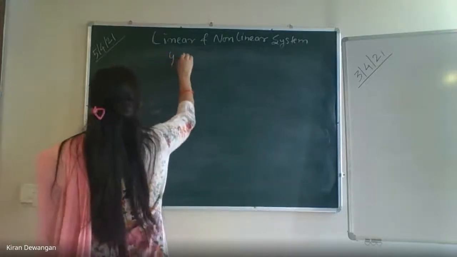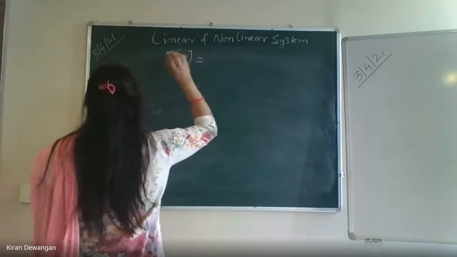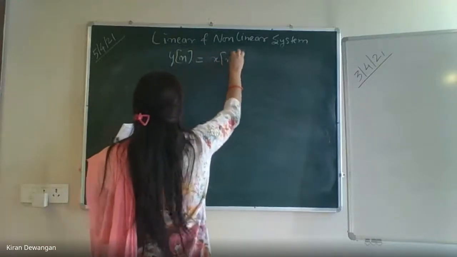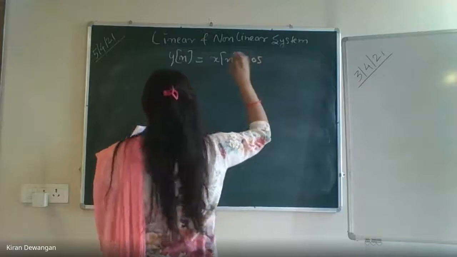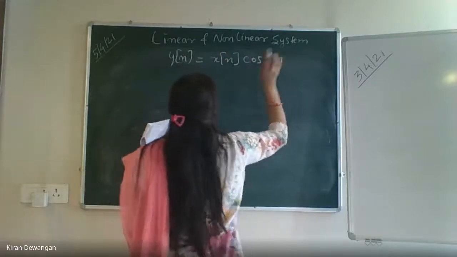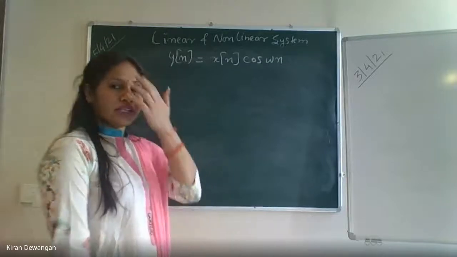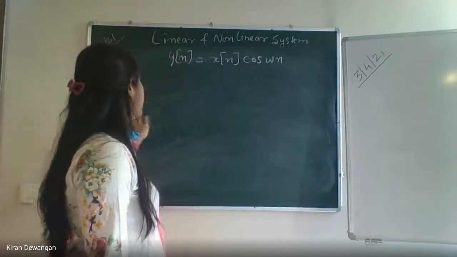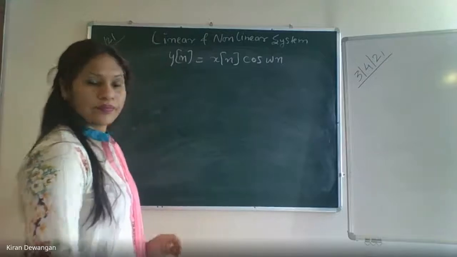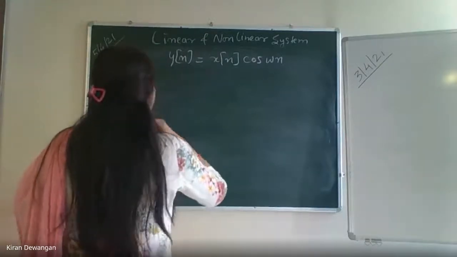If y of n is x of n cos omega n, whether it's going to be a linear or non-linear system. ठीक है? Again, we'll check by the inputs.